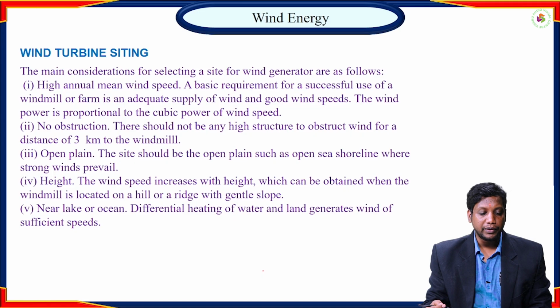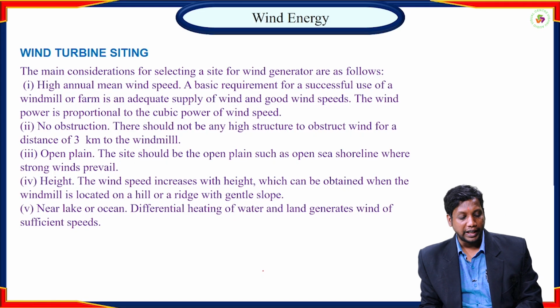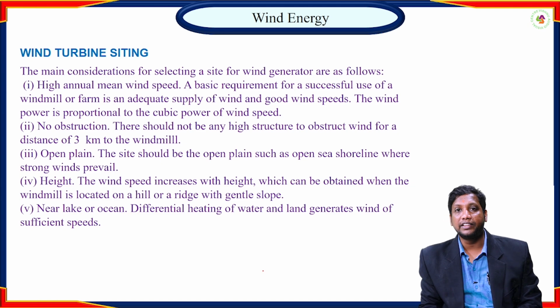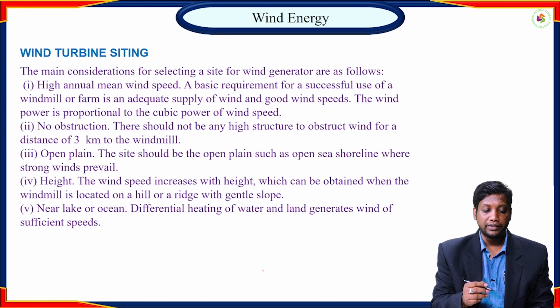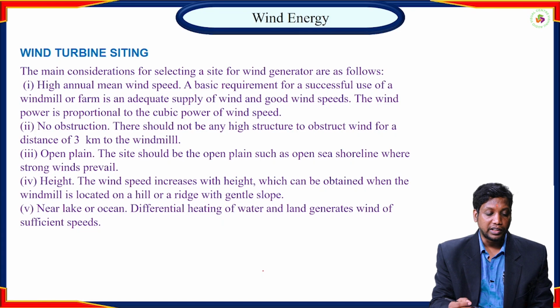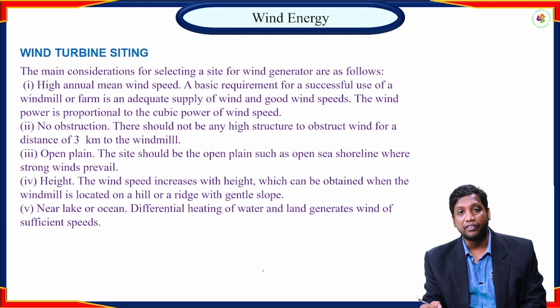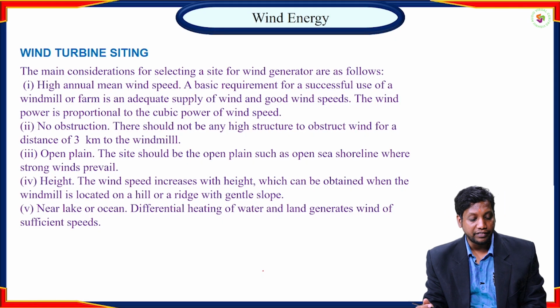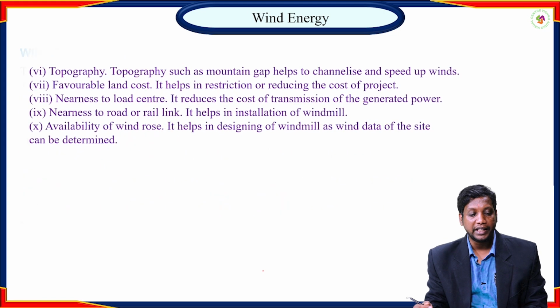And then, coming to the wind turbine siting. While selecting a site, these are the preliminary things we need to follow. What is the annual mean wind speed of the site location? What are the obstructions available at the site? What is the open plane? What is the windmill height required? Are there any lakes or oceans nearby?